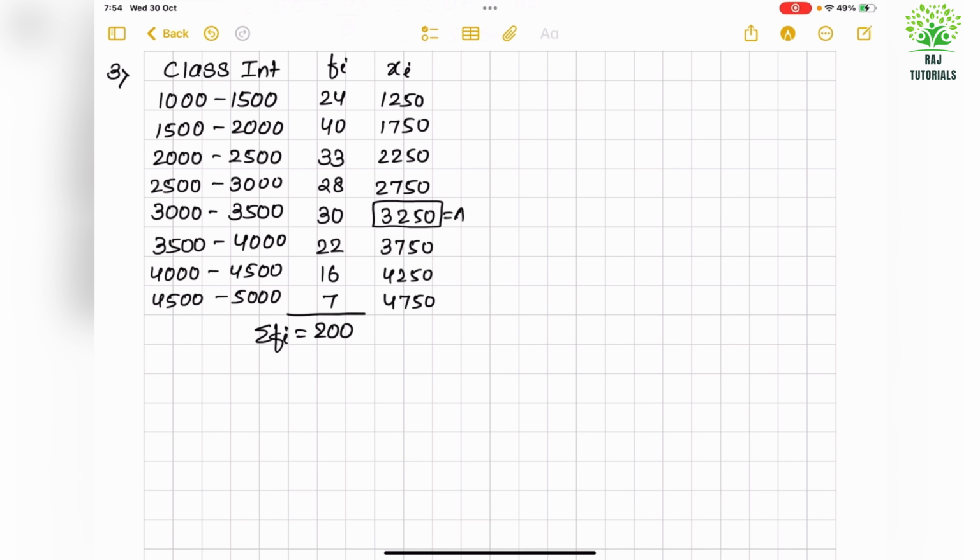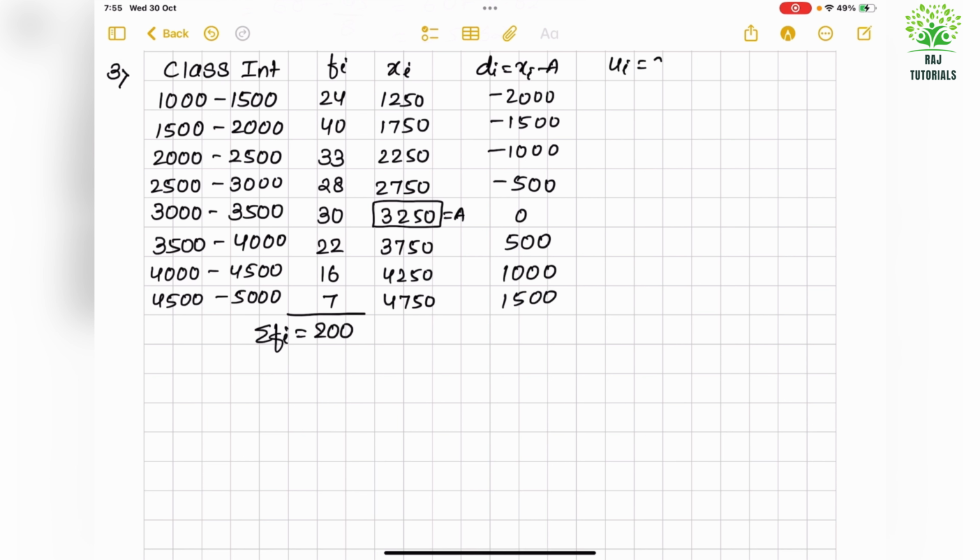So this I am taking as a. So di will be xi minus a. So that will be minus 2000, minus 1500, minus 1000, minus 500, 0, 500, 1000, and 1500.